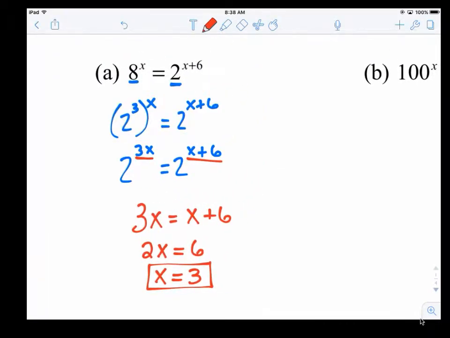This method works really good if you have one exponential equaling another exponential. Does everyone see how we got 3? Does that make sense?